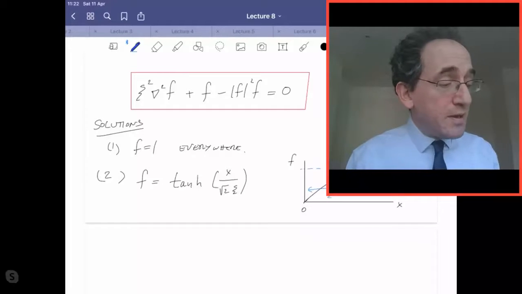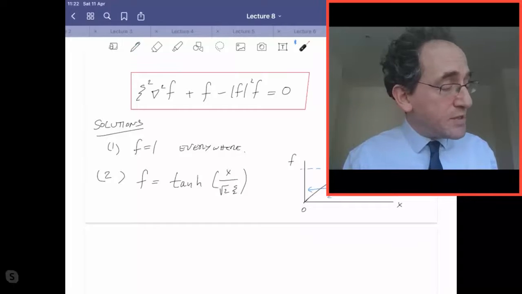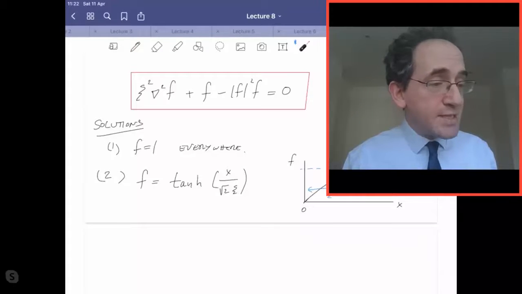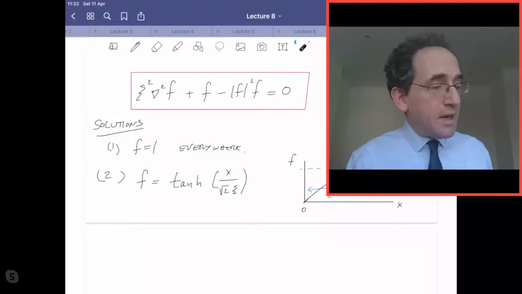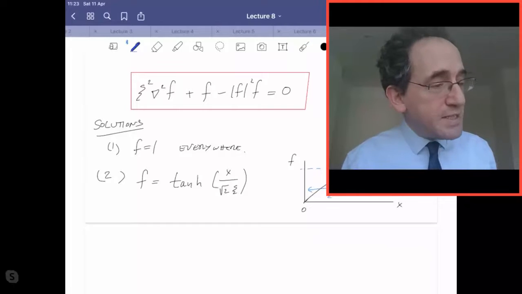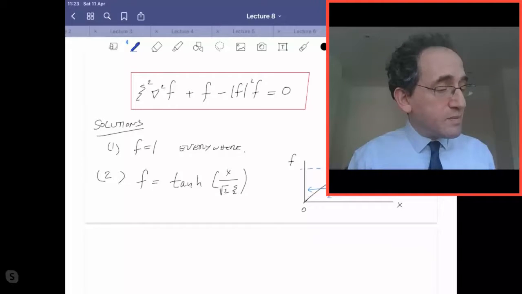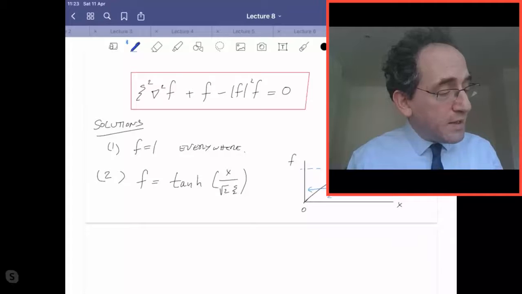Okay, so the properties of this, it's nice. It goes to the uniform solution at large x, but it goes to 0 at position x equals 0. So this is the uniform solution out here, and also f equals 1. I should maybe write this down.